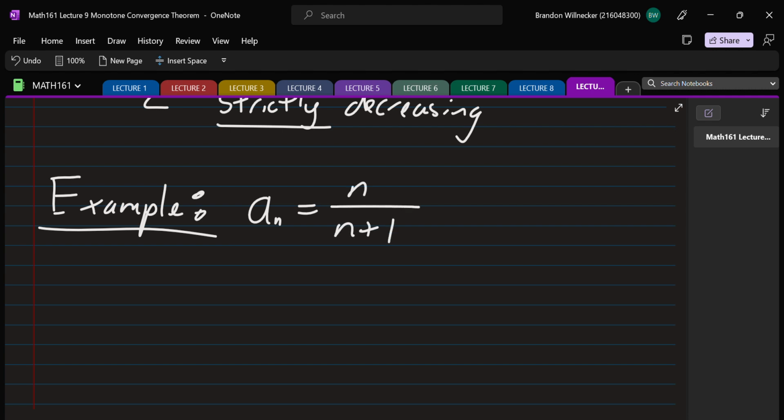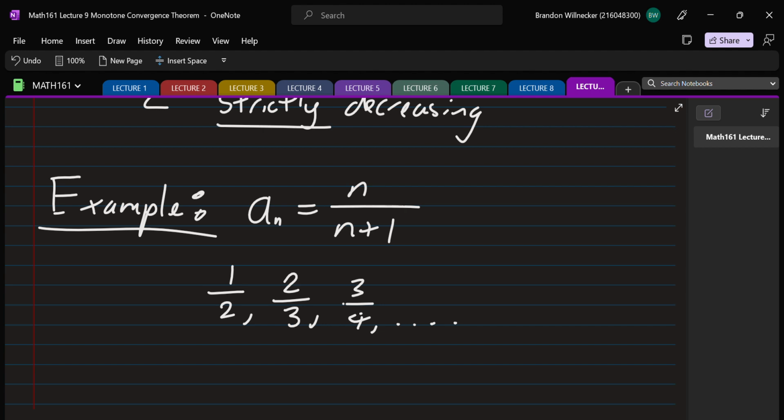To see if it's increasing or decreasing, we should substitute some values. If n equals 1, we have 1 over 2. If n equals 2, we have 2 over 3. Then 3 over 4, and so on. It looks like it's getting bigger, getting closer and closer to 1 as n gets bigger. So we have an idea that this should be increasing.